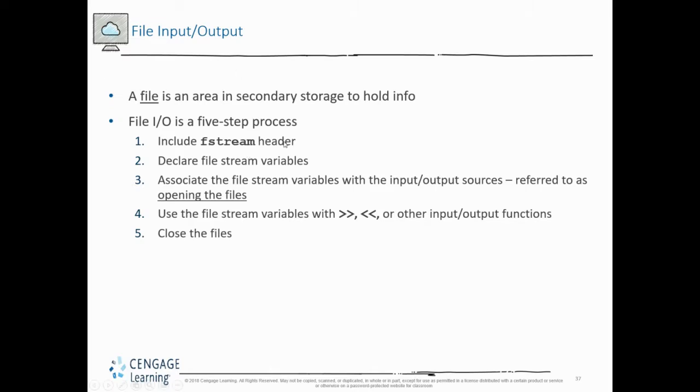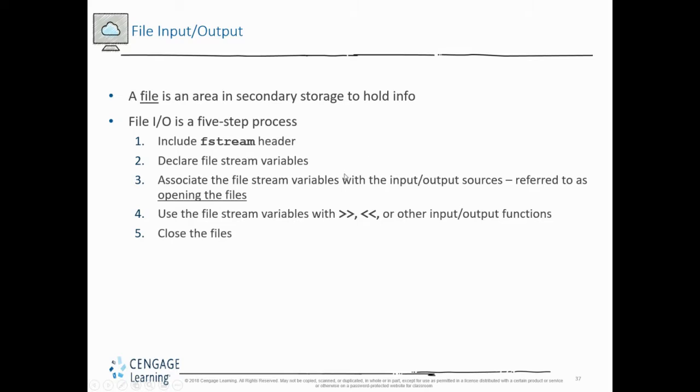Okay, so we need the fstream header. We need to declare a file stream variable for the in file, what we normally call infile, and another one for what we call the outfile, based on the fact that they're file streams. Okay, so we put a #include statement, and then we have file stream variables. We have to name those variables.